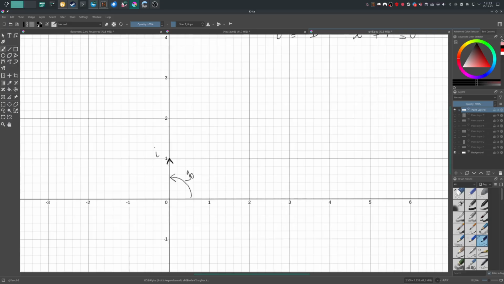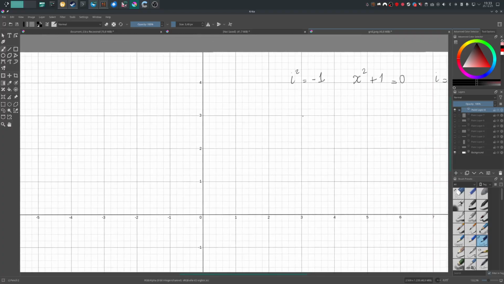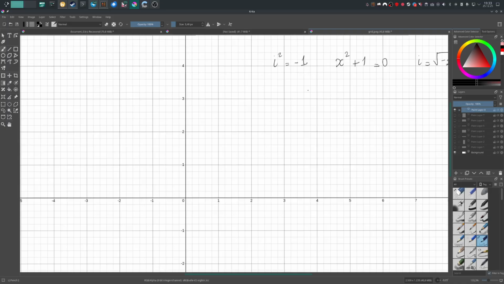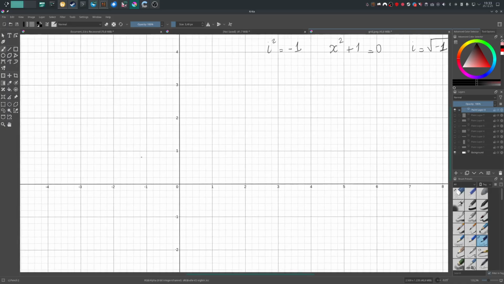And this is why in this space you can get to minus 1 by squaring a number, because this is on another dimension, and the multiplication is creating a rotation in this space. So I rotate once, 90 degrees. I rotate twice, 90 degrees. That is i squared. And that's why i squared equals minus 1.